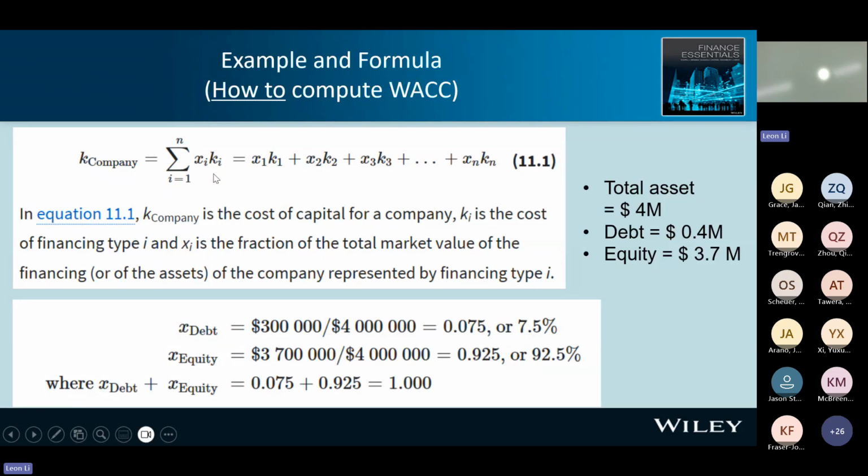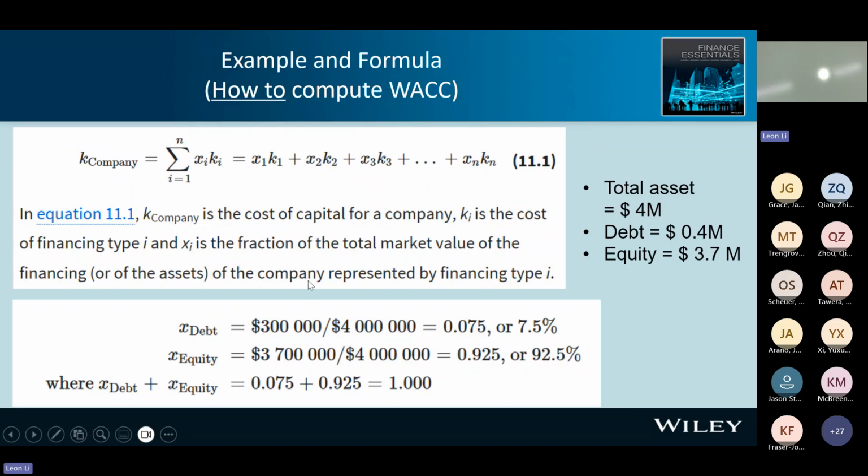And then X is a weight. X1, weight on capital 1, X2, weight on capital 2, and so on. After we have the weights and the costs of capital, we add up using a weighted average.